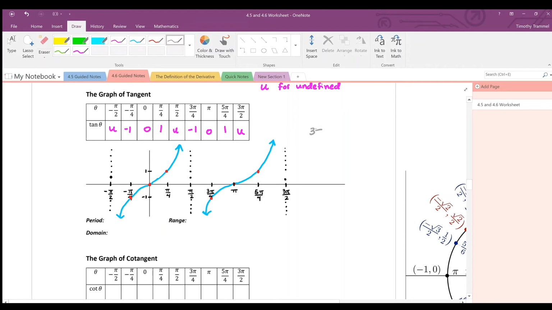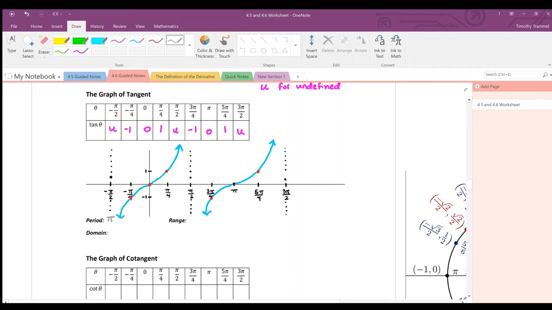So 3 pi over 2 minus the asymptote before it, pi over 2, this just gives us 2 pi over 2, which is pi, the period. And the same thing will happen if I tried that with these two sets of asymptotes. All right, well, period is pi.